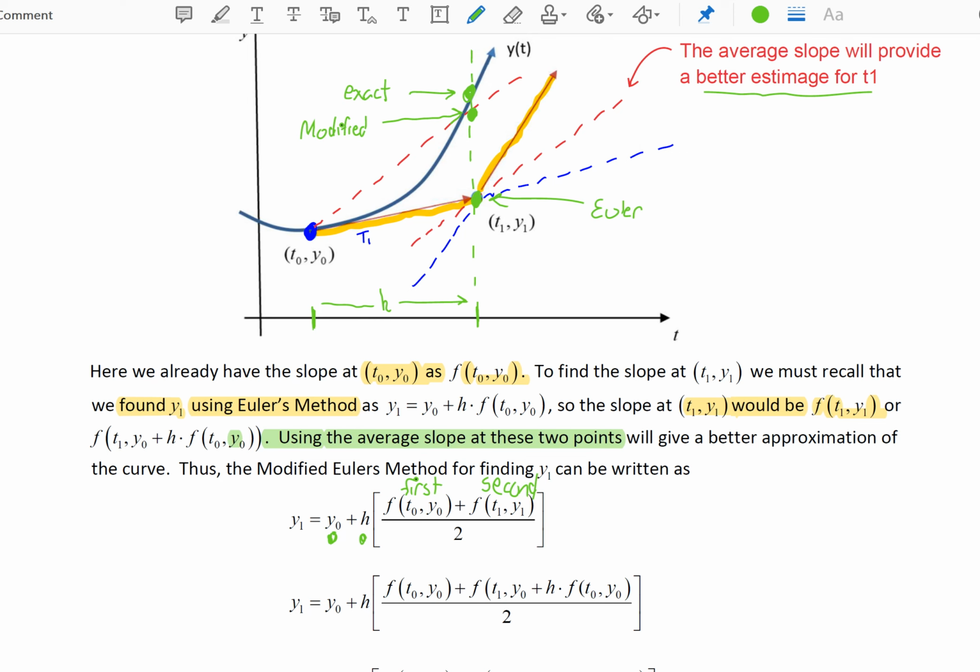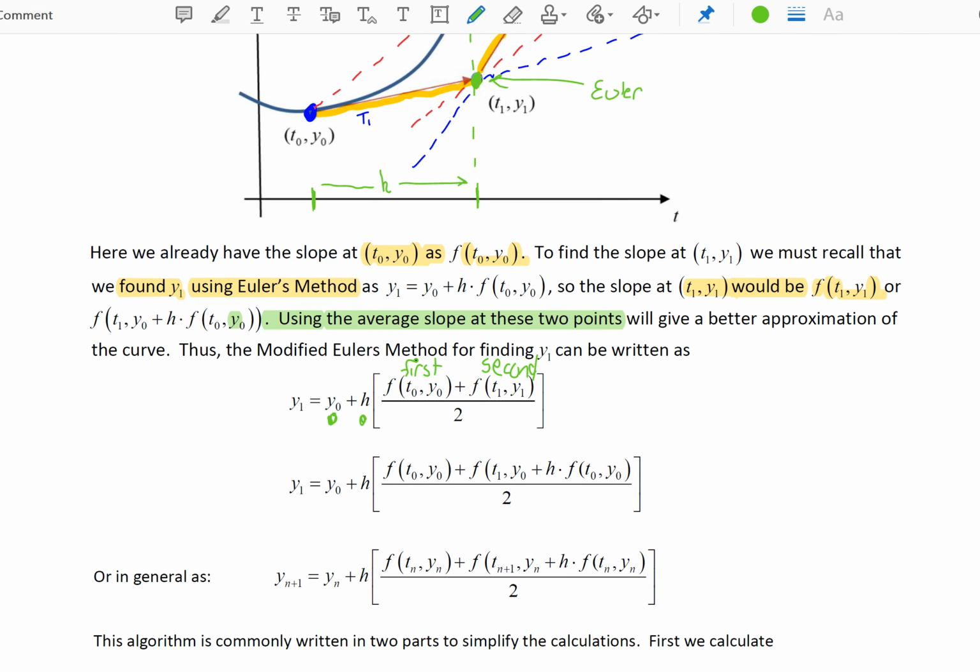Where I'm going to rewrite the y value of the second point as y0 plus h times f of t0, y0, because that's how we found y1 using Euler's method.